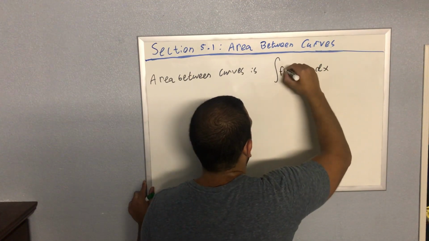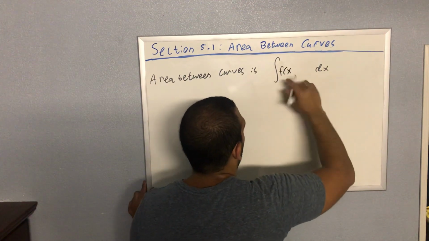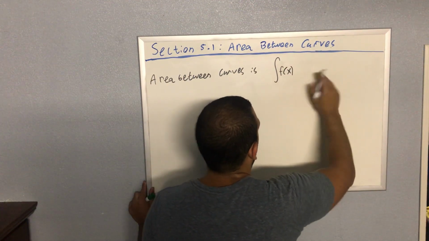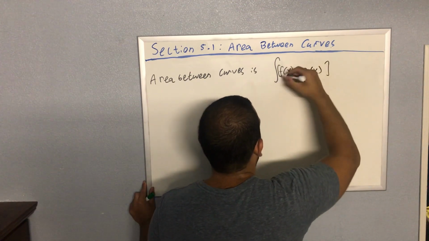The heights in general were some f of x i star, but remember, we just drop the star and just make it f of x minus g of x, this whole quantity.